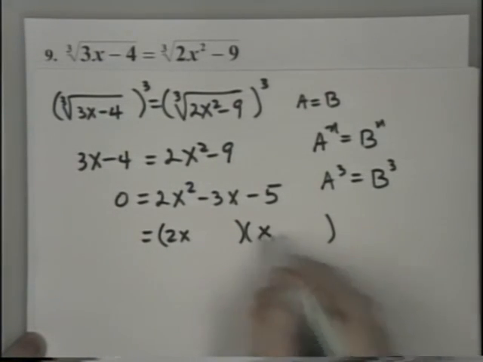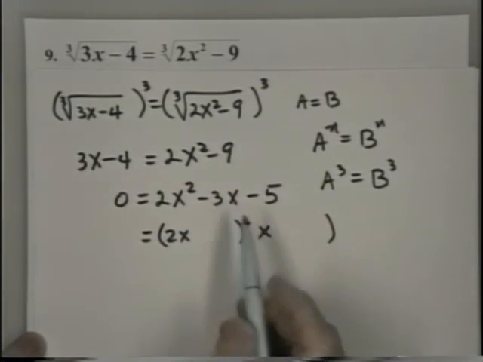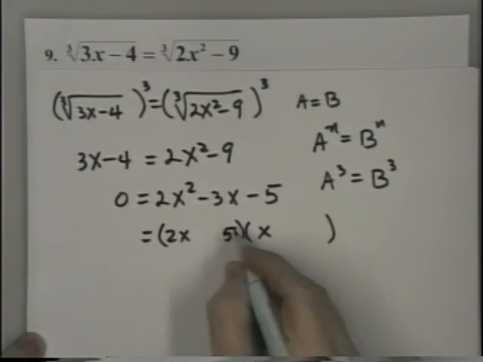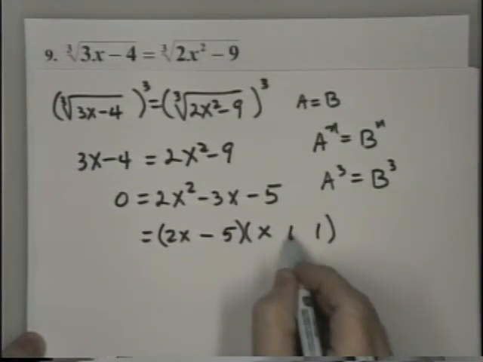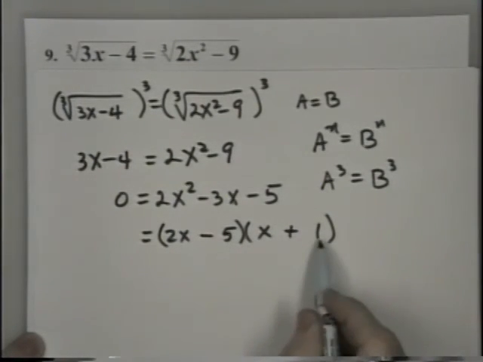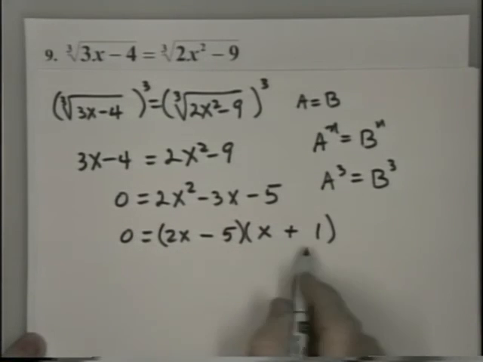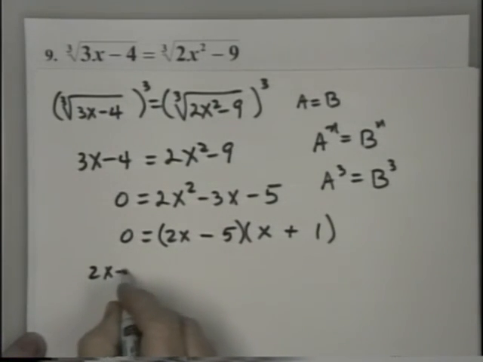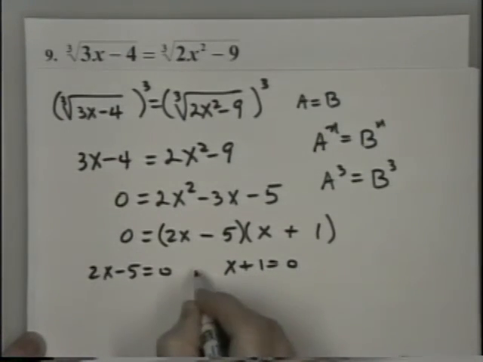Well, 2x and x, looking for a difference of 3. Probably have to write it like this then, right? And it has to be a negative 3, so minus and plus. There's negative 5x plus 2x, yeah. And so those two factors equal 0, so one of those factors has to be 0.